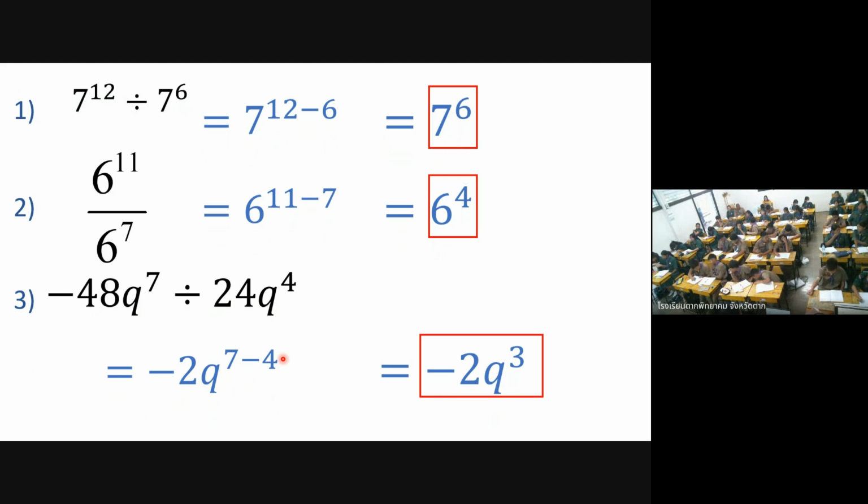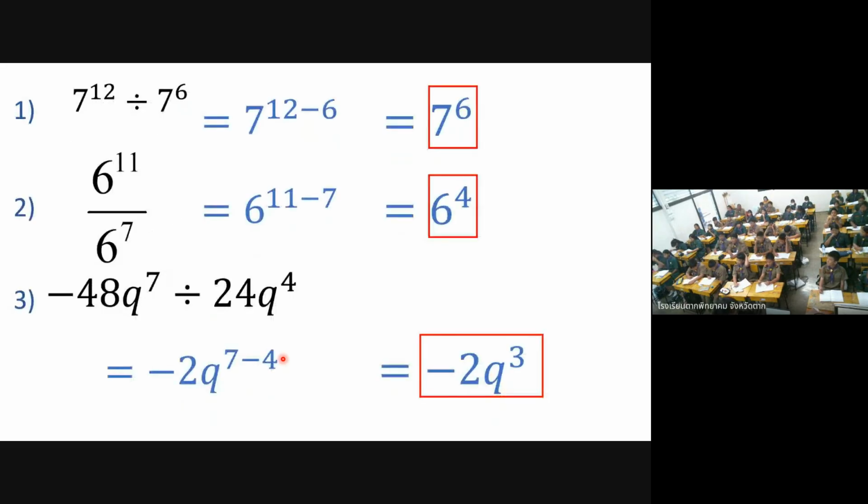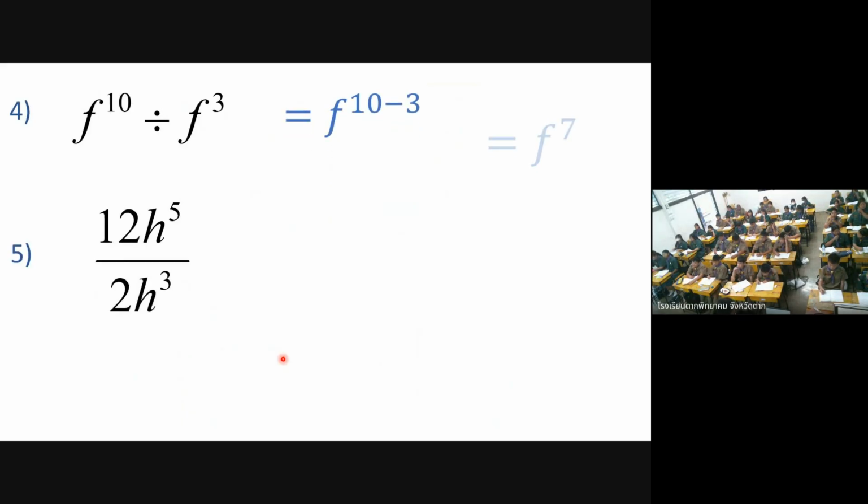Next, number 4. F to the power of 10 divided by f to the power of 3. What's the answer? That's f to the power of 7. And number 5, 12h to the power of 5 over 2h to the power of 3. What's 12 over 2?